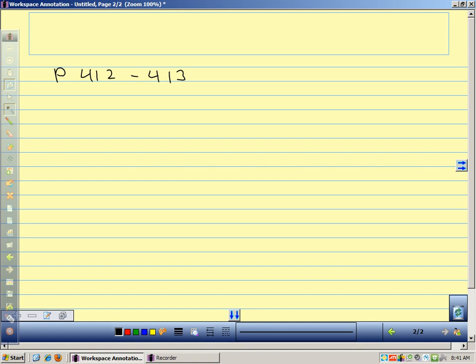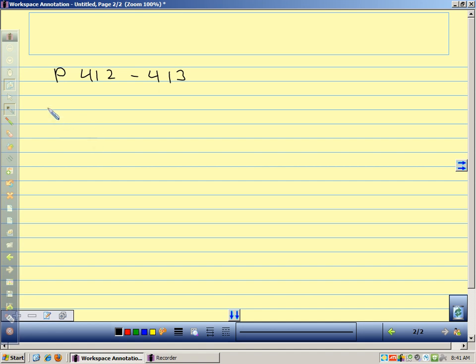So if you have a book, open up your book. If you don't have a book, get with somebody who does so you can look at these, because I don't want to draw them all out. There are a bunch of possibilities on the top of page 412. It lists possibilities for how your triangle could be configured.